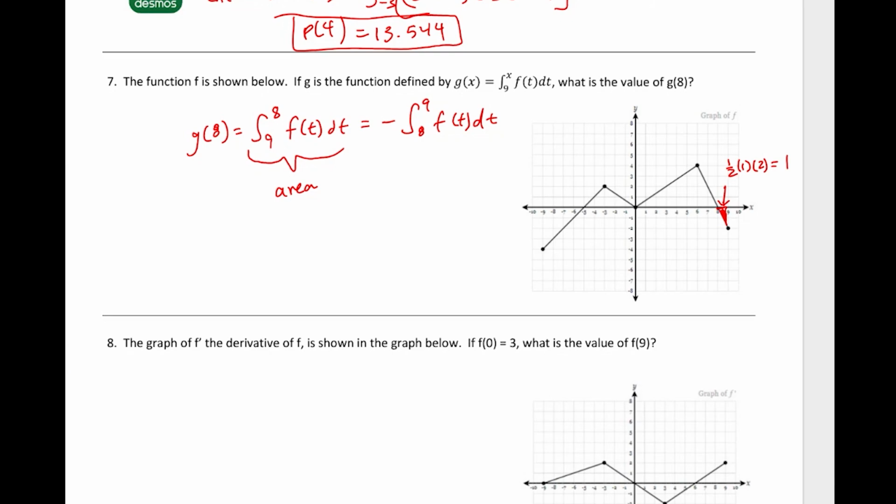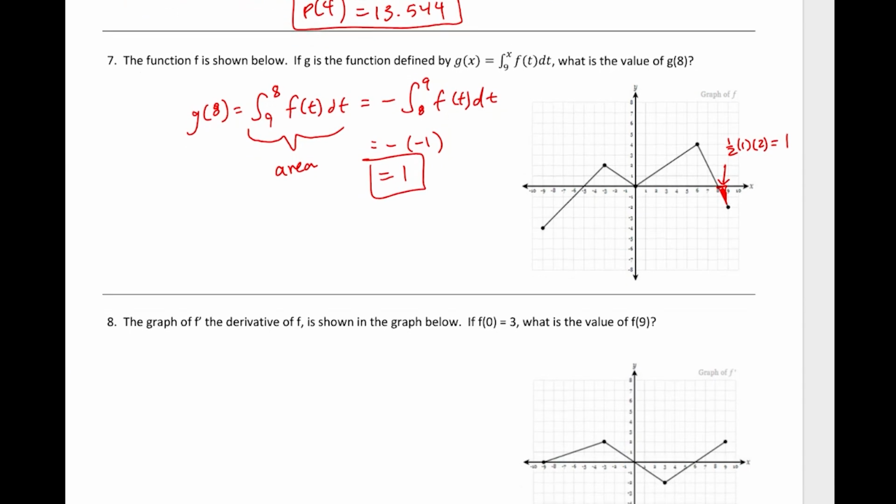Because it's below the x-axis, we're going to be considering this negative 1. But because the boundaries were backwards, we get a minus negative 1, which is actually going to end up being positive 1. So kind of weird and kind of annoying. Got to keep track of all those negatives, but just be careful on a problem like that.